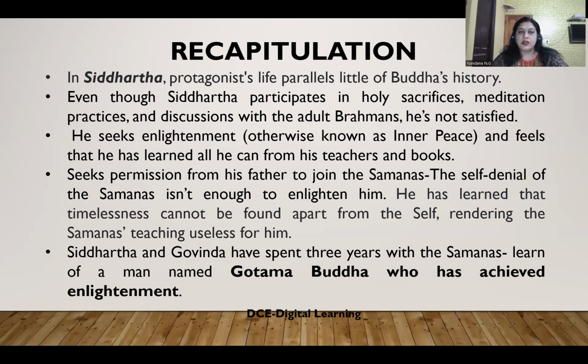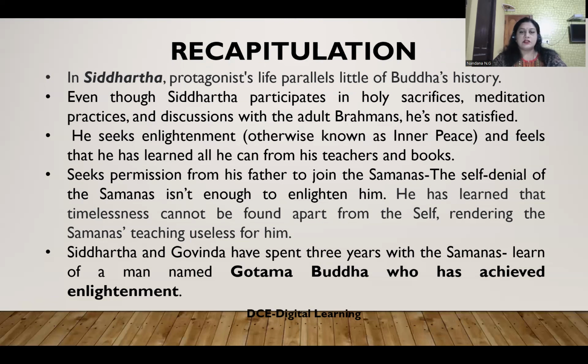Now let us try to recapitulate. In Siddhartha, the protagonist's life parallels a little of Buddha's history. Even though Siddhartha, our protagonist, participates in holy sacrifices, meditation practices, and discussions with adult Brahmins, he is not satisfied, in the sense that he is unable to get the answer to what he is looking for.